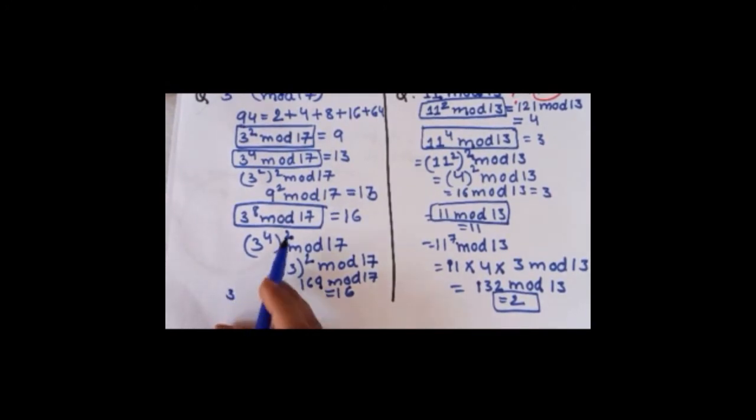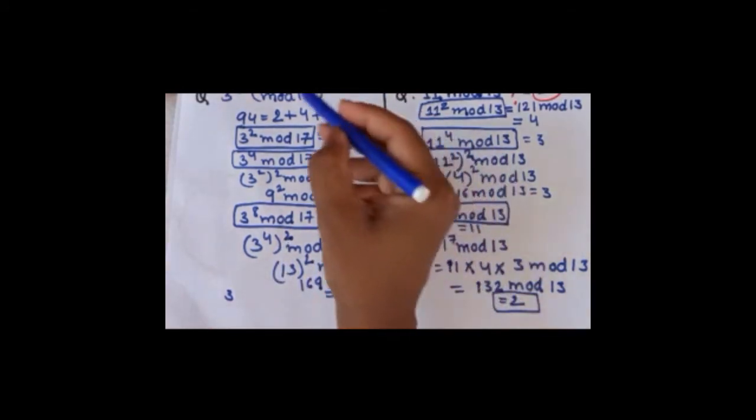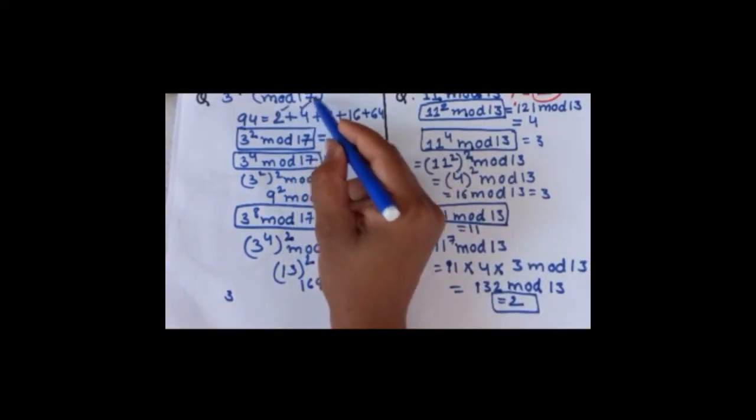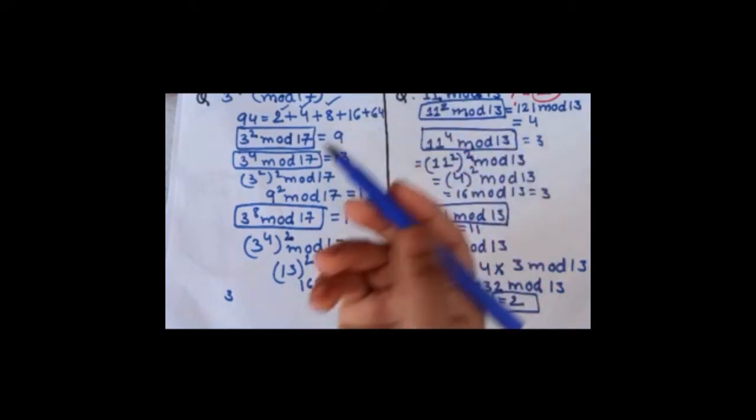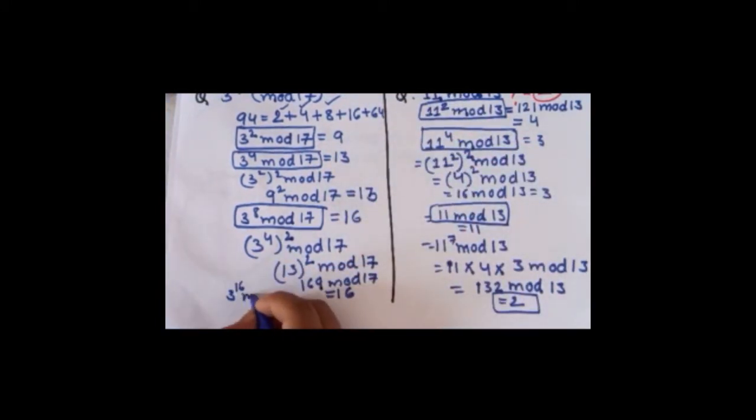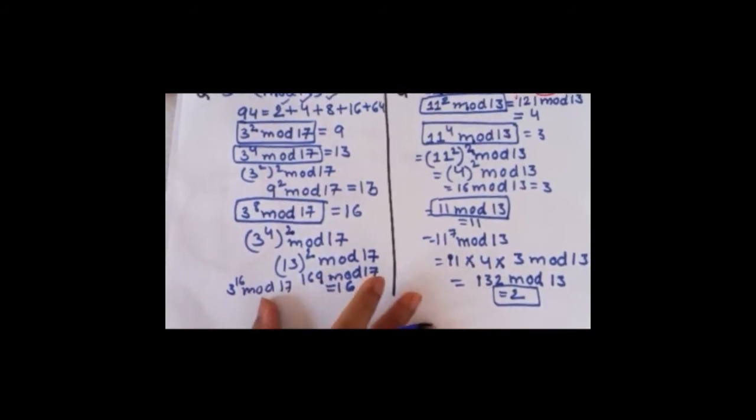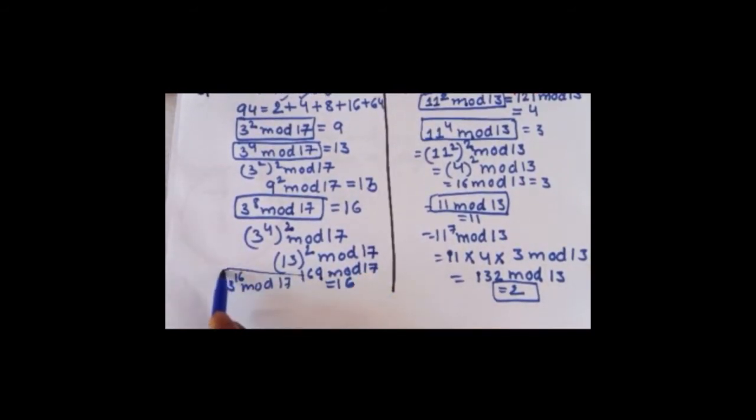Okay, easy enough. Moving ahead to the next value. We found 3 to the power 2, then 4, then 8. Now moving to 16. 3 to the power 16 mod 17, we have to find this out. How can you write 3 to the power 16?